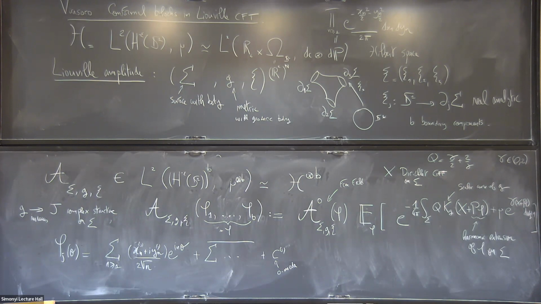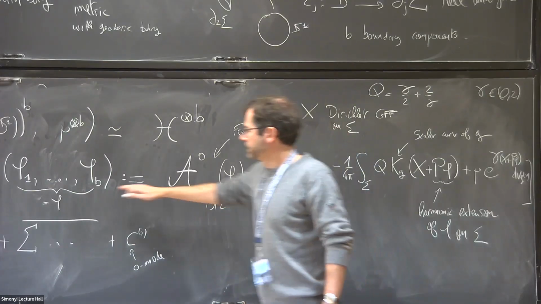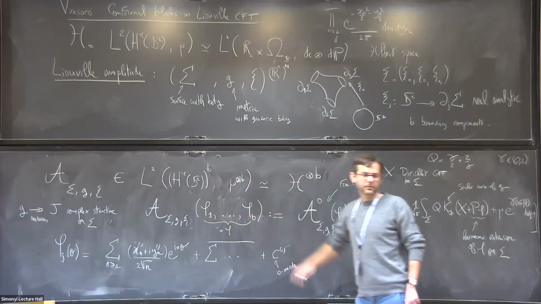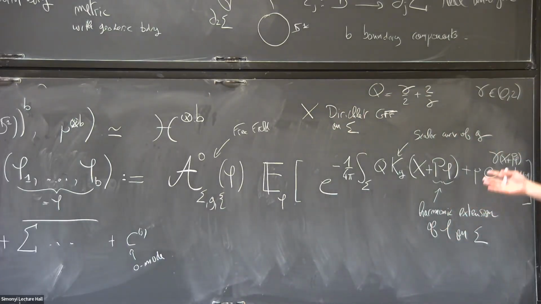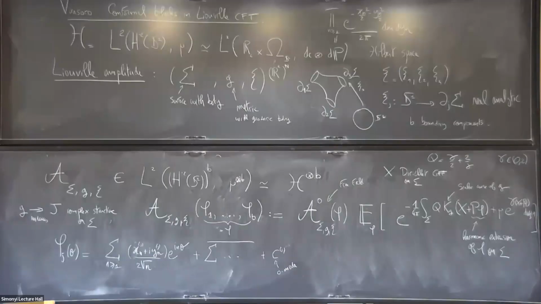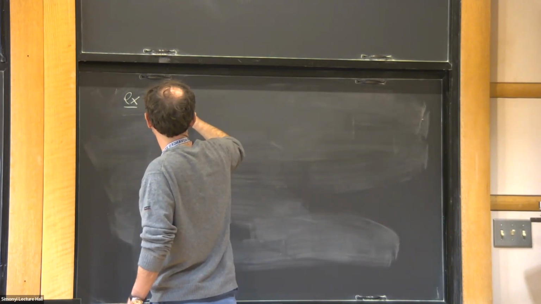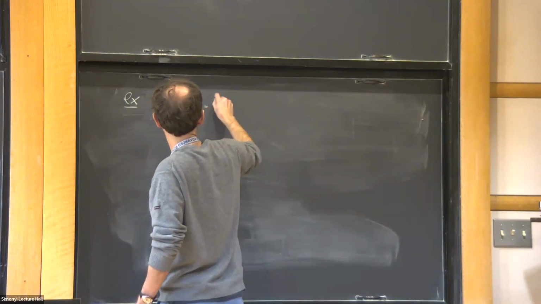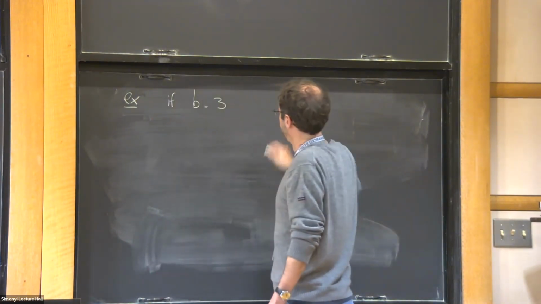Here I view it as really like the integral kernel of an operator. So it's a function of the field. If I want to define an operator, from this I can define an operator. So for instance, if B is 3, I have a pair of points.